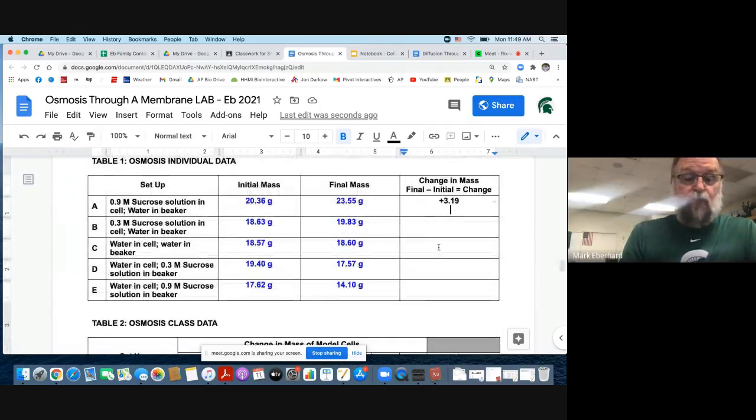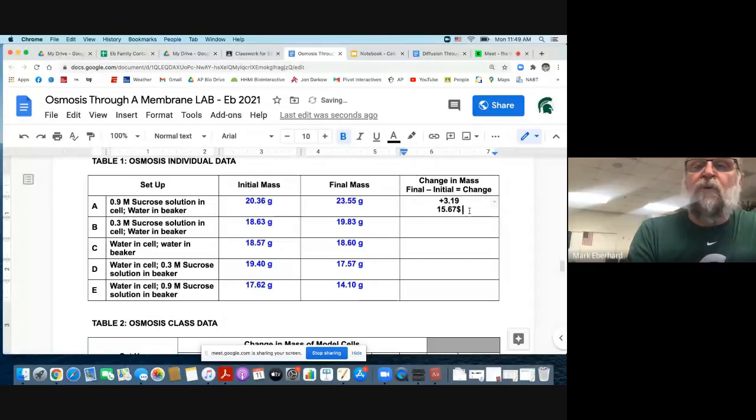So if I take 3.19 and divide by the initial mass, 20.36, hit equal, and then multiply that by 100, that gives me 15.6... I'm going to go nearest hundredth, so I'm going to round: 15.67%.